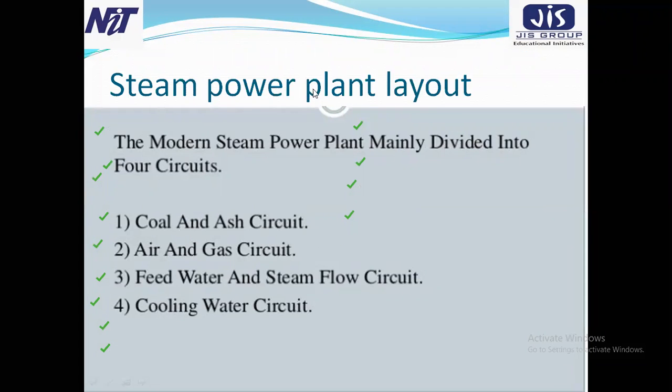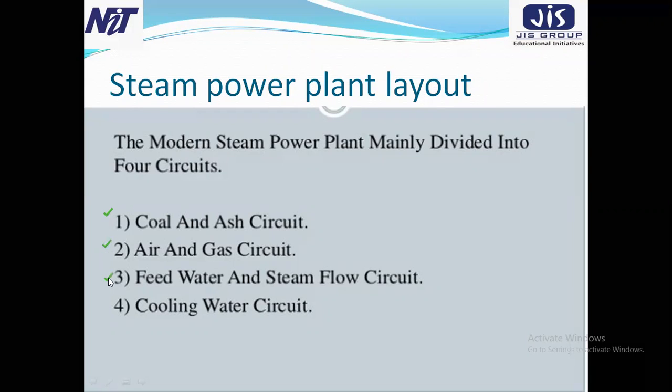Now in the steam power plant layout, if you follow it very carefully, you will find the modern steam power plant is mainly divided into 4 circuits. What are the 4 circuits? Today I'm going to talk about these 4 circuits in this particular lecture. The first one is the coal and ash circuit. The second one is the air and gas circuit.